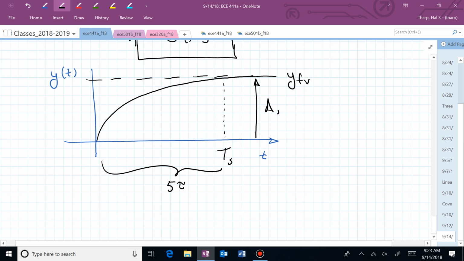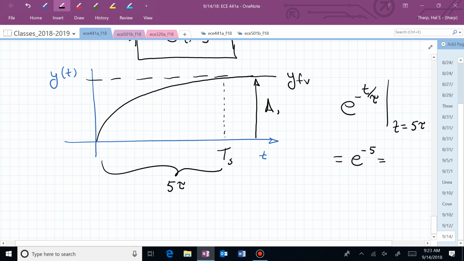What I mean is typically if we wrote this mode of response, it would have a shape e to the minus t over tau in terms of how it's approaching its final value. And if we plugged in a time of 5 tau, if we plugged in a capital T sub s into that expression, then this becomes e to the minus 5 tau over tau. The taus cancel, and we have e to the minus 5.